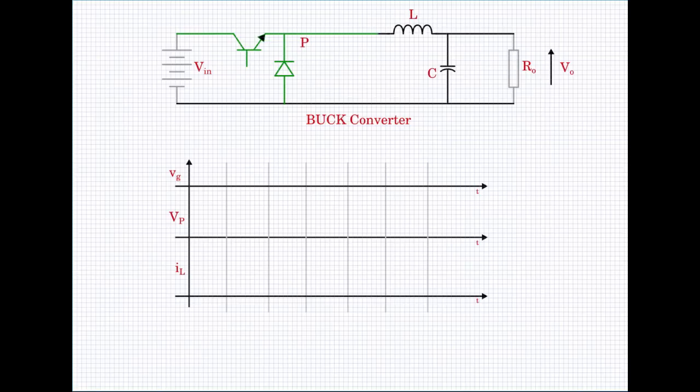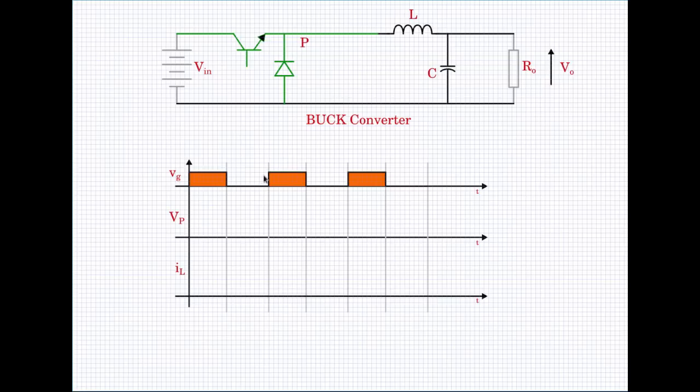For the voltage, let me install this here. So this is the voltage waveform that we would see at the base or the gate of this power semiconductor switch. The time when the pulse is high, the switch is on.